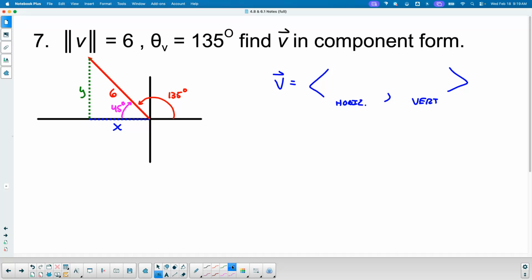How am I going to find x using SOHCAHTOA? Wait, why do you have to use SOHCAHTOA? Can't you use 45, 45, 90? You'll see why in a minute. Yep. 100% you could use the special right triangle. 1000% you could. Get the same answer. But I want to do it this way because of where we're going. Okay? All right?